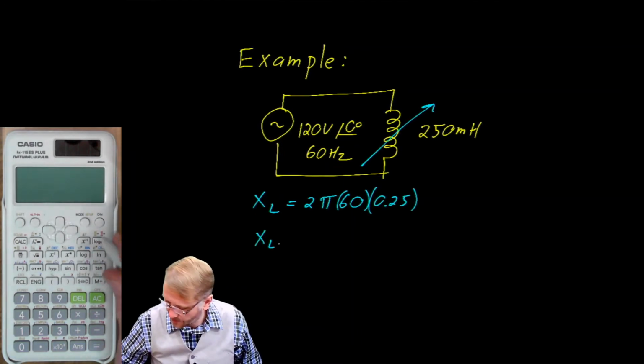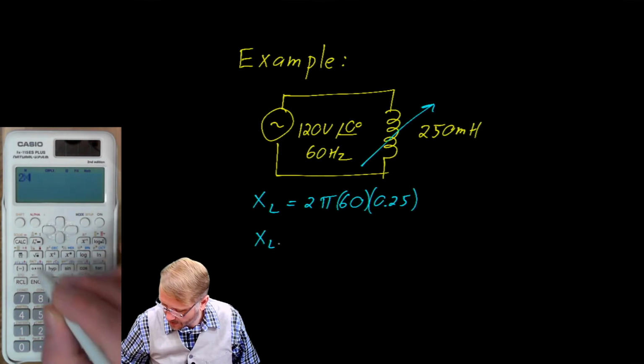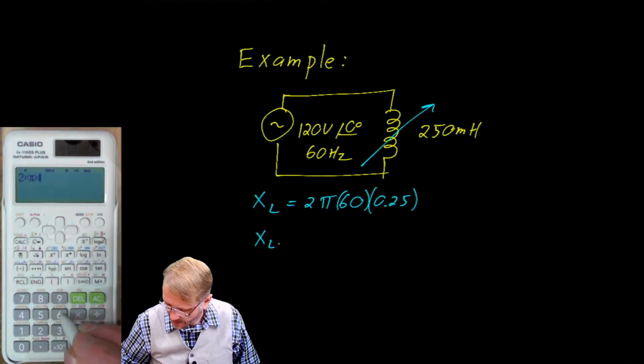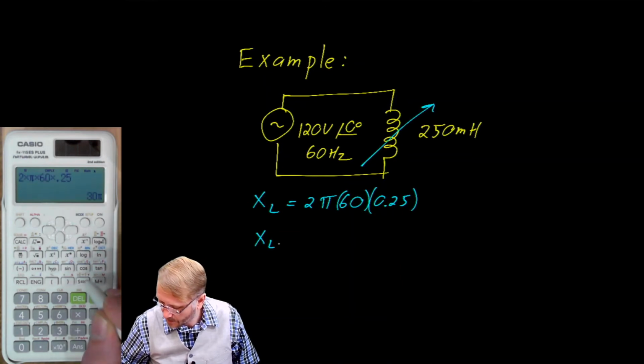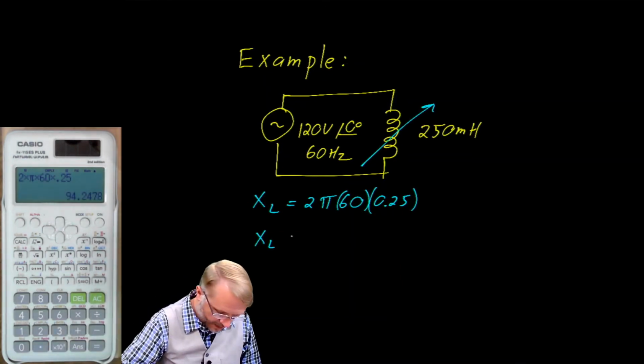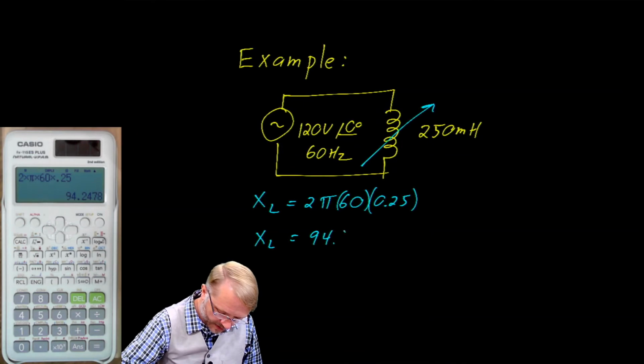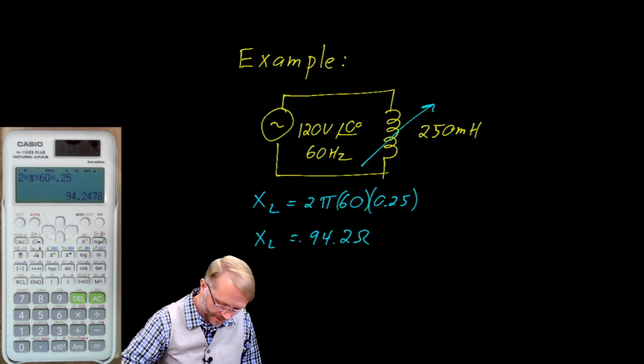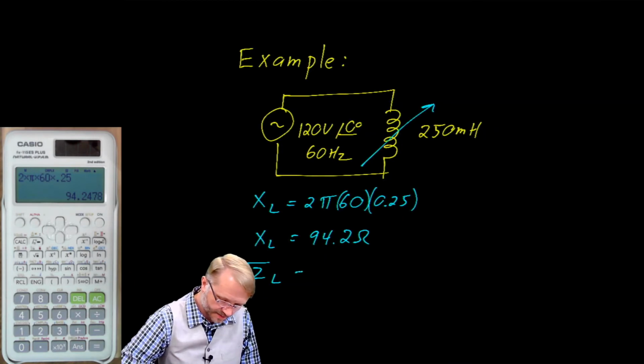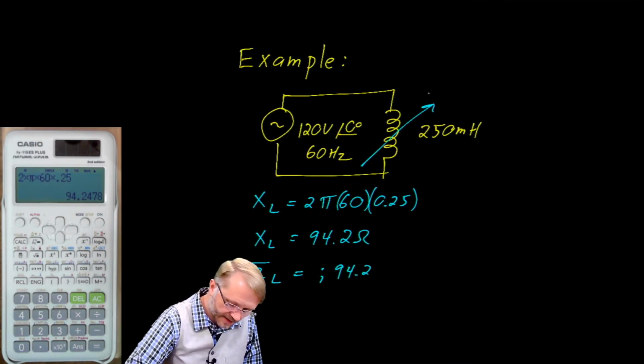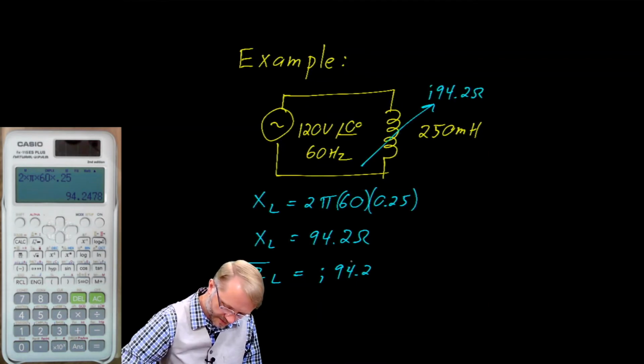If we run that through the calculator, that's 2 times pi times 60 times 0.25. So that's about 94.2 ohms. And we know the impedance of that is going to be j94.2. So we can write that up here. This is j94.2 ohms.